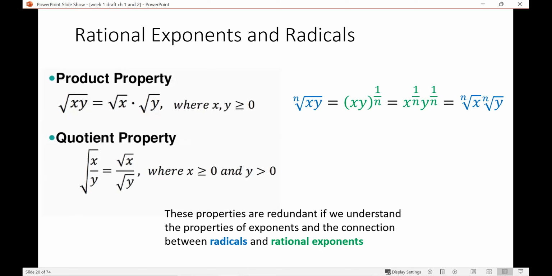So when you look at the property, an nth root of a product is really just that product to the power of 1 over n, which we know we can distribute because we know the properties of our exponents, okay? Same thing with the quotient rule. If you turn that radical into an exponent, then you can just apply the exponent properties, and you don't have to memorize 2 sets of properties, one for exponents and one for radicals. They're the same thing.